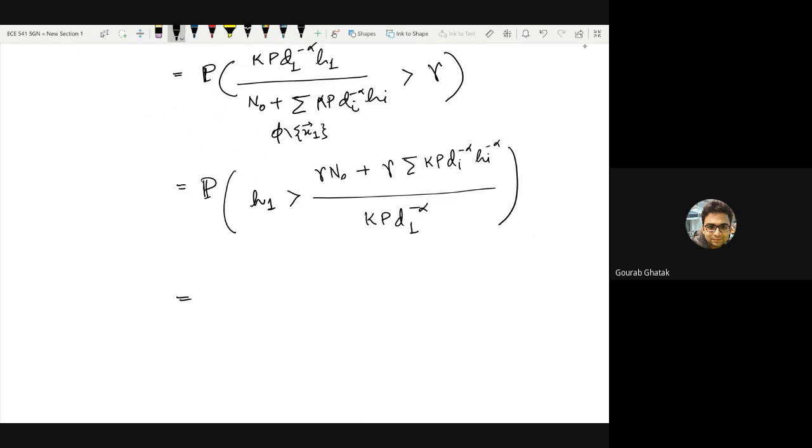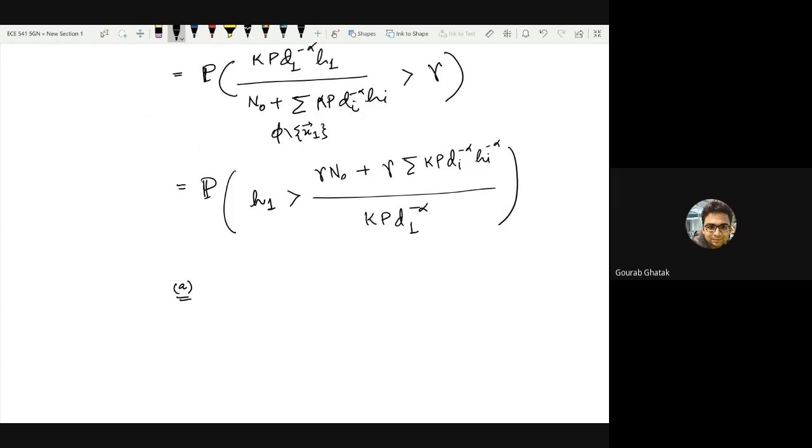Can you tell me what would be the next step? Can someone tell me what is the CCDF of h1? Anyone? What would be the next step? The 1 minus P of h1 less than that term, where P of h1 less than that term is the CDF. Right. So, do you remember for Rayleigh fading, what is the distribution of H1? I think we discussed in the third or the fourth class.